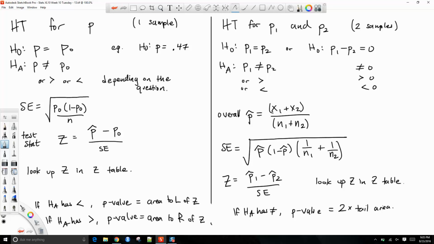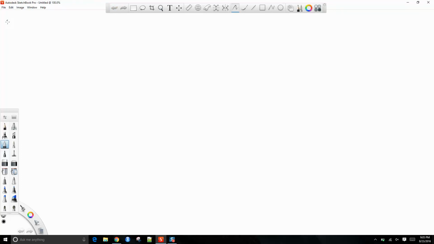All right, so that's hypothesis testing stuff for proportions, and then all we have left is hypothesis testing stuff for means. Flip the page here.